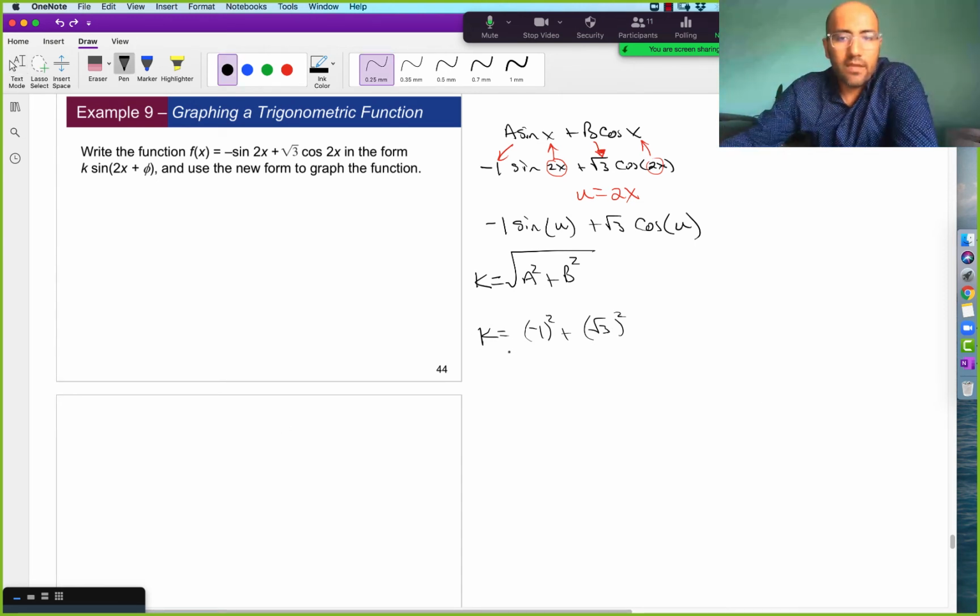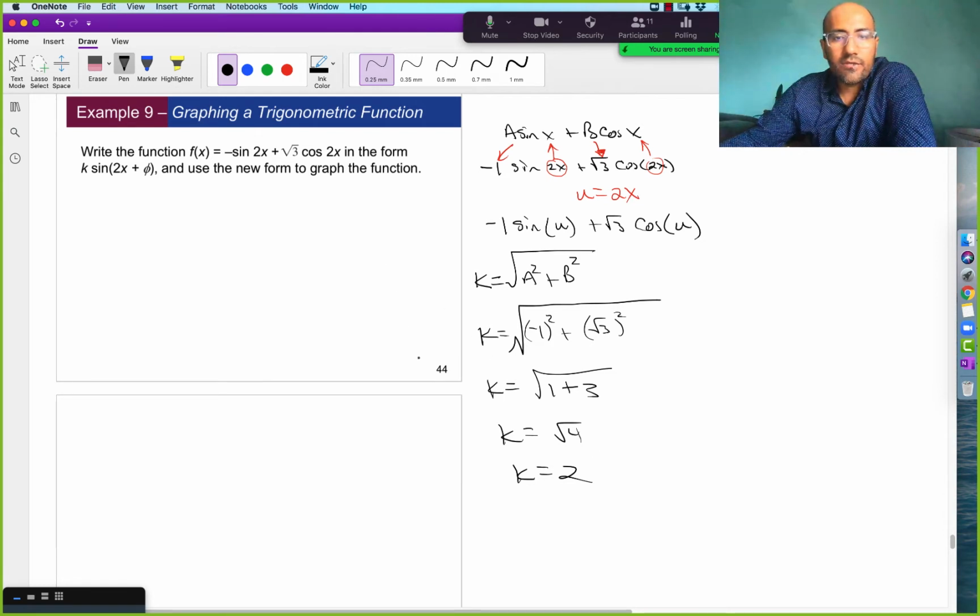And then we have, bam, square root of all that. So k equals the square root of 1 plus 3, and that'll take us to the square root of 4, and that'll take us to 2. Okay, so we have our value of k.